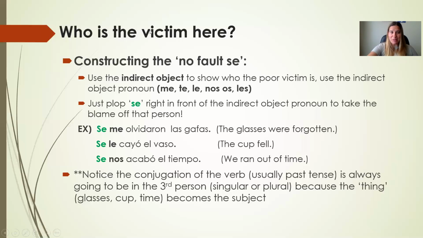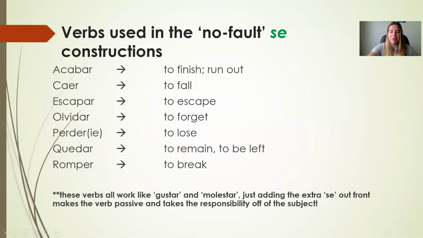I'm going to give you some more examples if your head is spinning and you're confused. Here are some verbs that are commonly used in the no-fault "se" constructions: acabar, caer, escapar, olvidar, perder, quedar, romper. You can't use this construction with any old verb. It really has to be a cause-and-effect kind of verb.